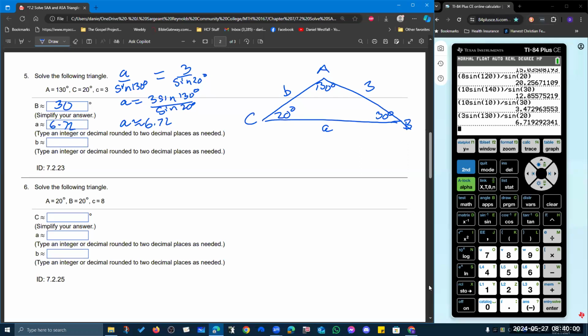And B is to sine of B as 3 is to sine of 20. B equals 3 sine of 30 over sine of 20.